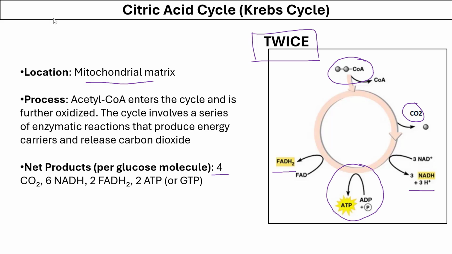So the net products of this reaction are 4 molecules of carbon dioxide, 6 molecules of NADH, 2 molecules of FADH2, and 2 molecules of ATP or GTP. GTP, just like ATP, is a nucleotide, which is guanosine triphosphate.